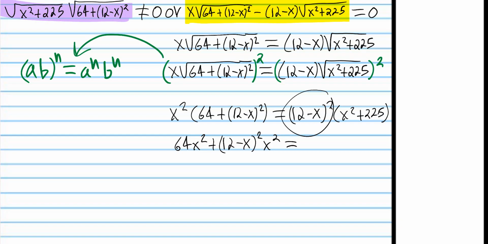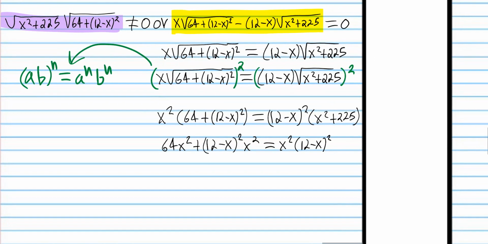And then we're going to distribute the 12 minus x squared. So we have x squared times 12 minus x squared plus 225 times 12 minus x squared.